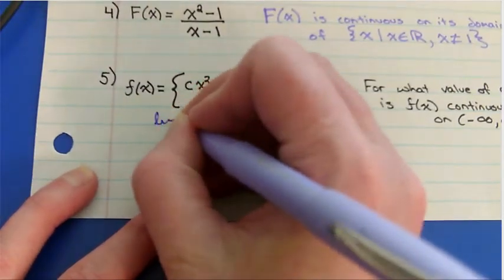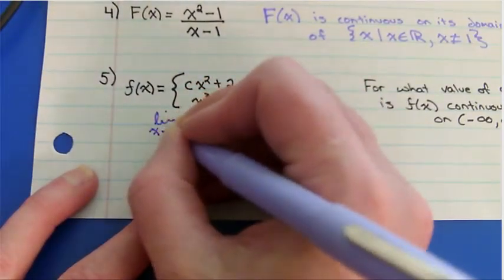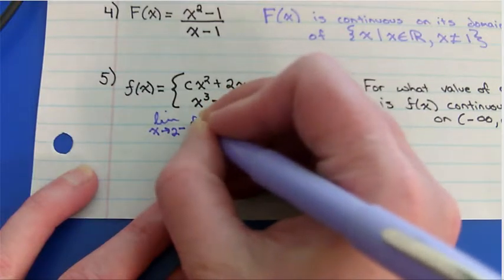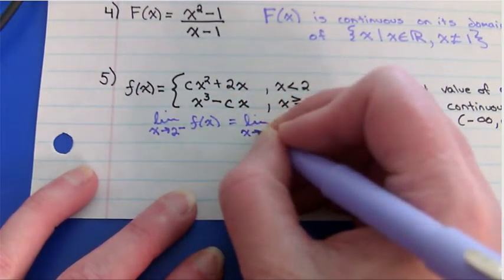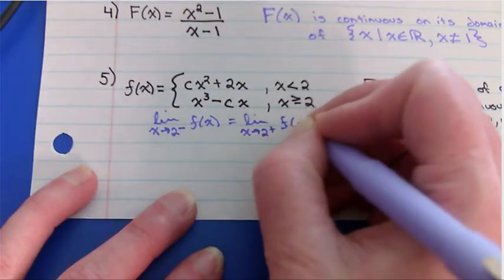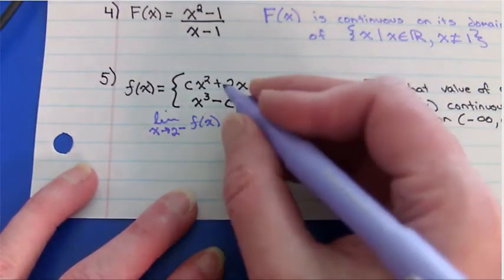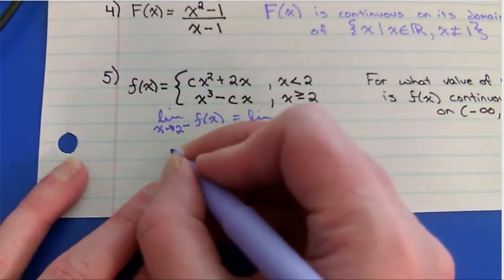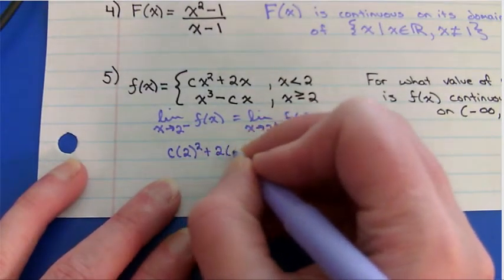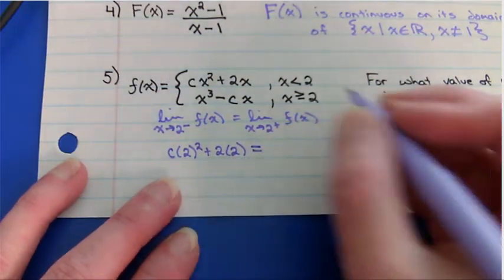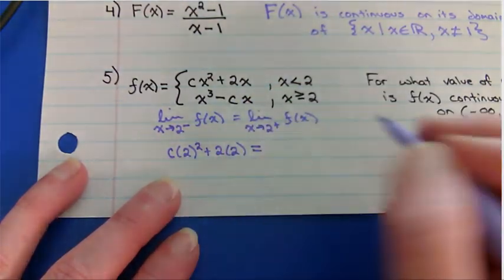In other words, the limit as x approaches 2 from the left must equal the limit as x approaches 2 from the right. So I'm going to plug 2 into the left piece and set that equal to plugging 2 into the right side piece.